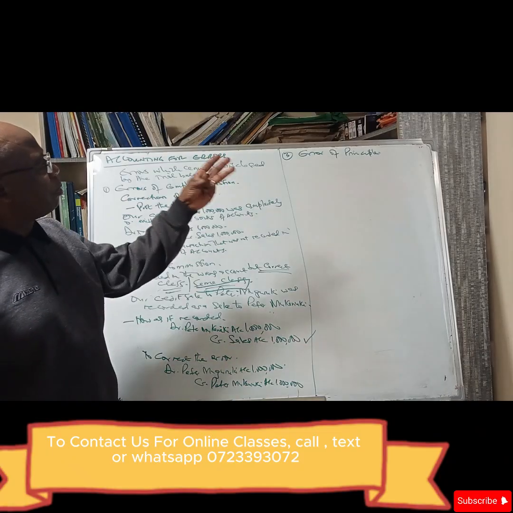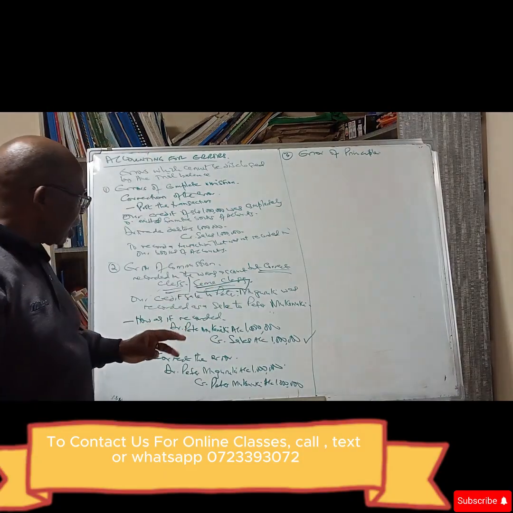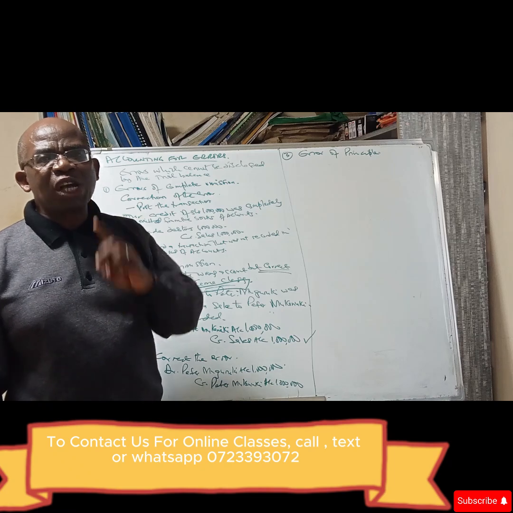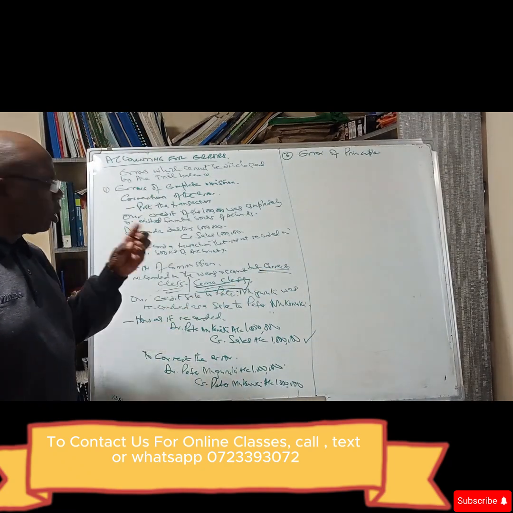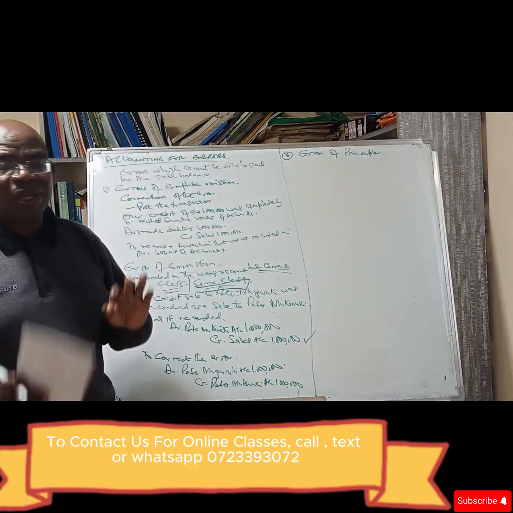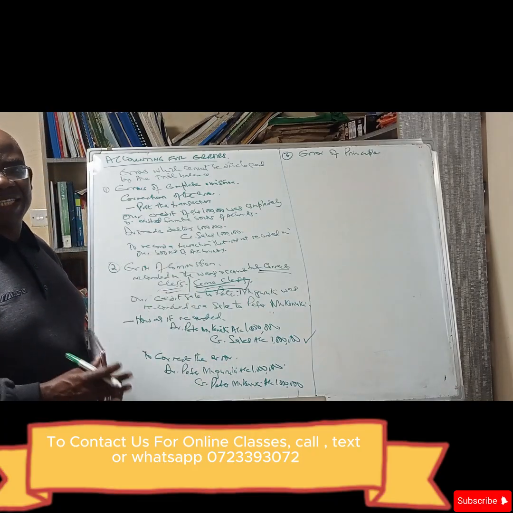But when we post to the wrong class and the wrong account, we call it the error of principle. In the error of commission, you post to the wrong account, but the class is the same. If it's debtors, they are debtors; if it's creditors, they are creditors.